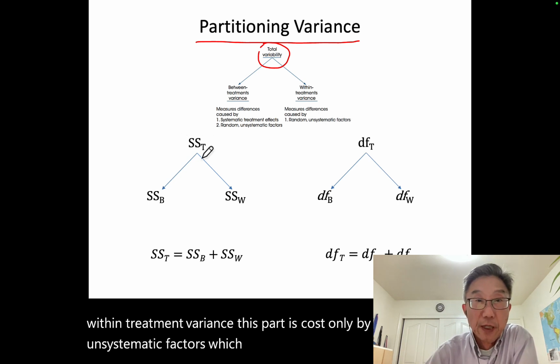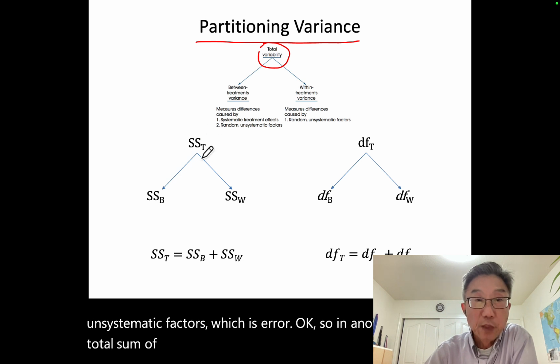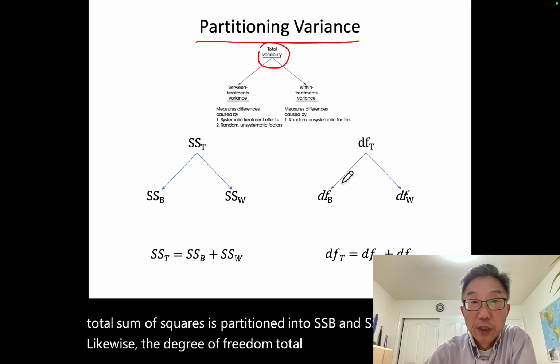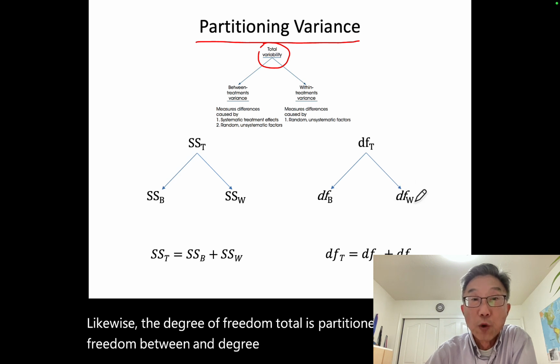Okay, so in other words, SST, total sum of squares, is partitioned into SSB and SSW. Likewise, the total degrees of freedom is partitioned into degrees of freedom between and degrees of freedom within.